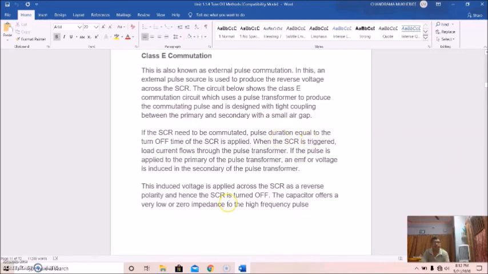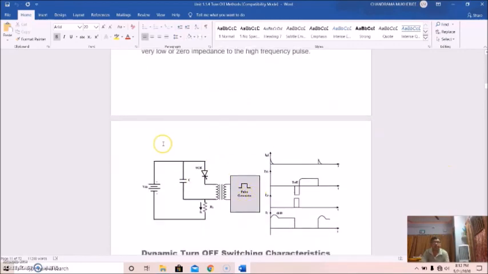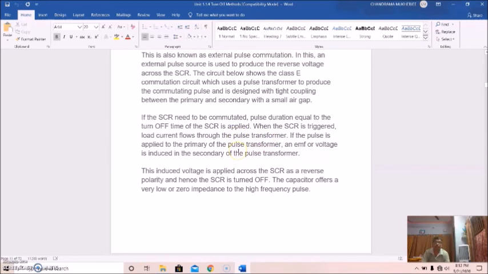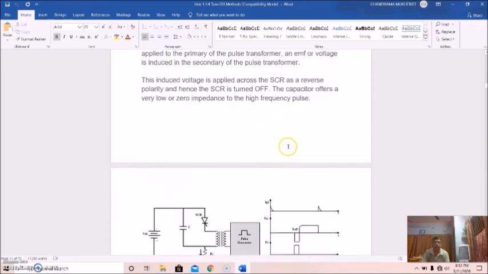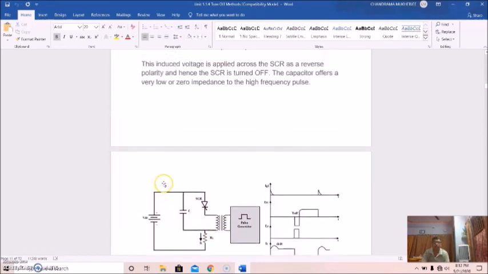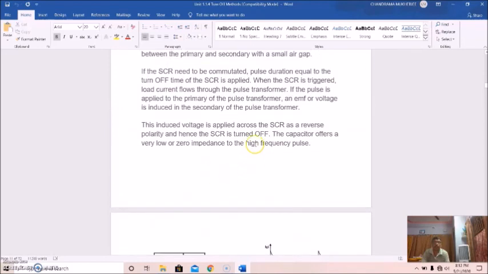Now, to the SCR which is to be turned off, a pulse with duration equal to the turn-off time of the SCR is applied. When the SCR is triggered, load current flows through the pulse transformer. See this, this is the way. Pulse transformer.